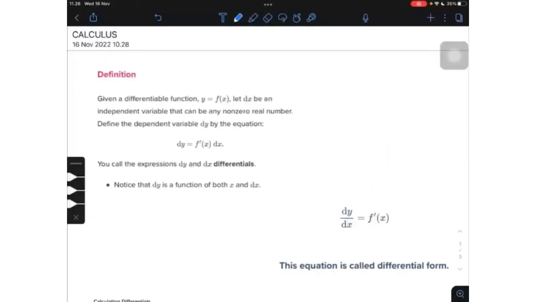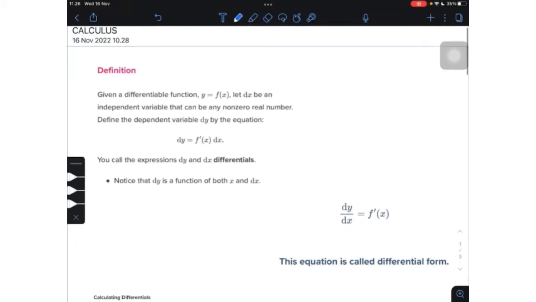I will give a brief explanation about the differentiable function. The definition of a differentiable function is that you have this function y equals f of x. Let dx be independent, and then we define the dependent variable, which is dy, with the equation dy equals f prime x times dx.